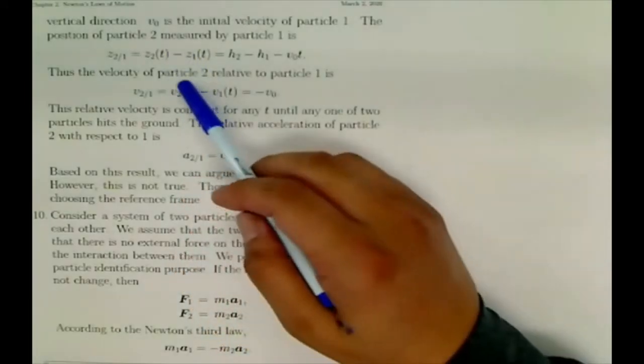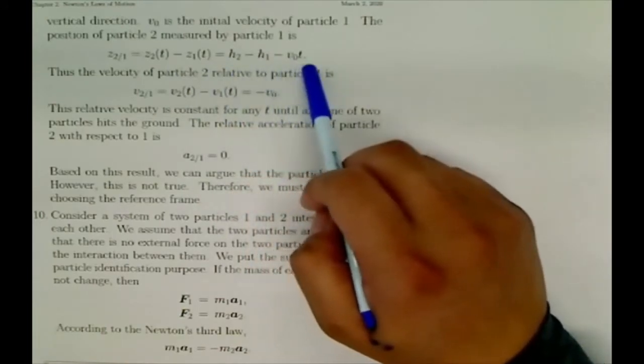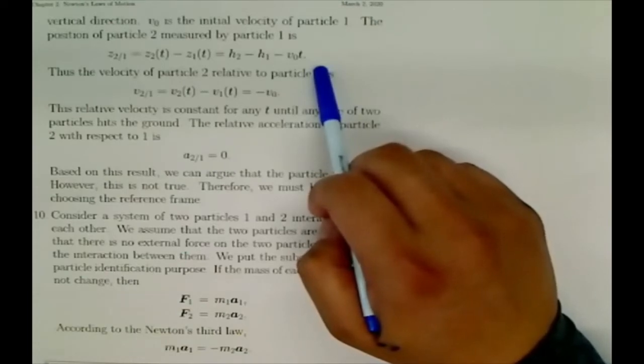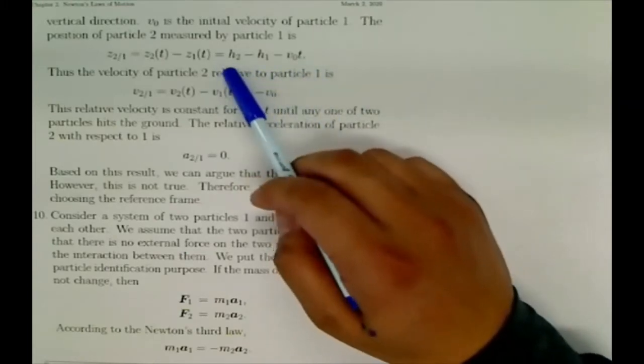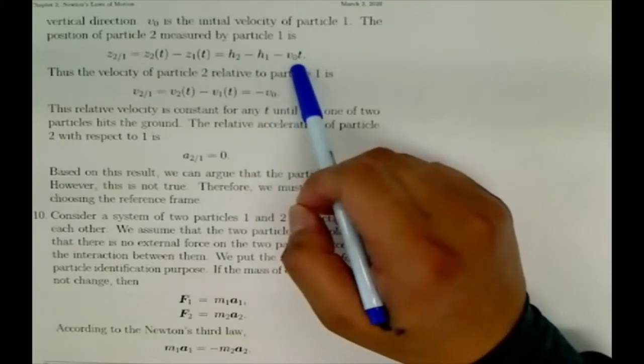In any case, the relative displacement does not have t-squared dependence at all. That is the accelerating term. Because both of them are accelerating with the same acceleration, minus 1/2 g t squared cancels exactly. The only surviving terms are the initial height difference and the relative velocity.